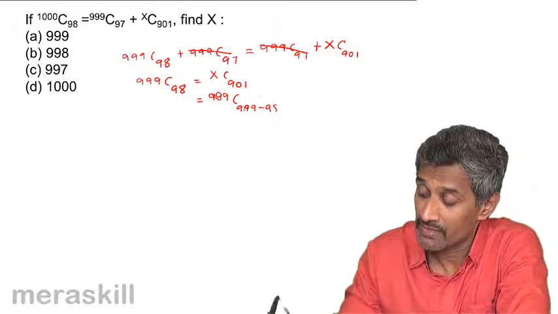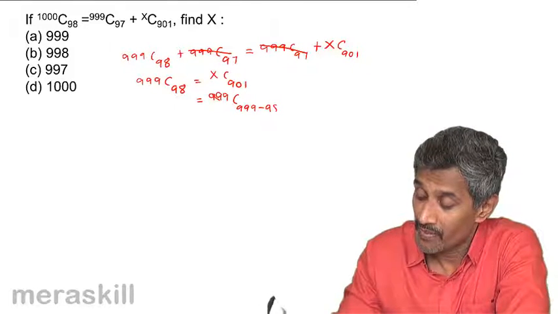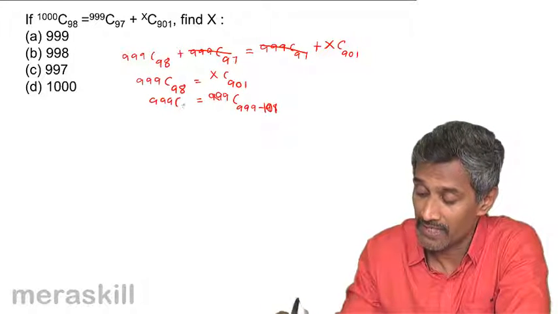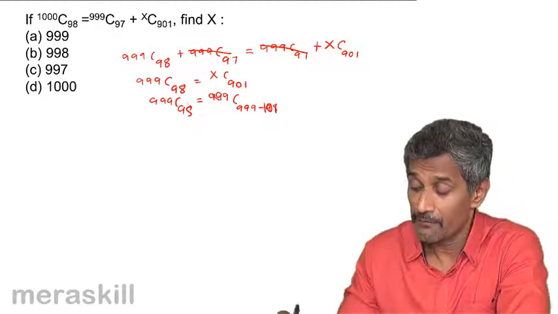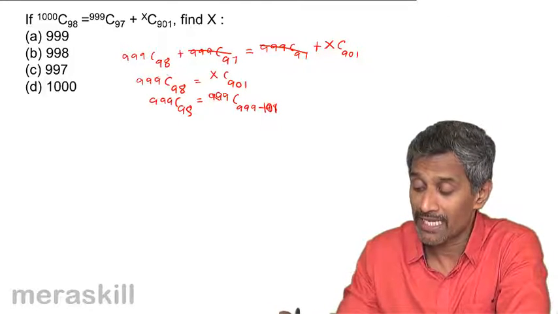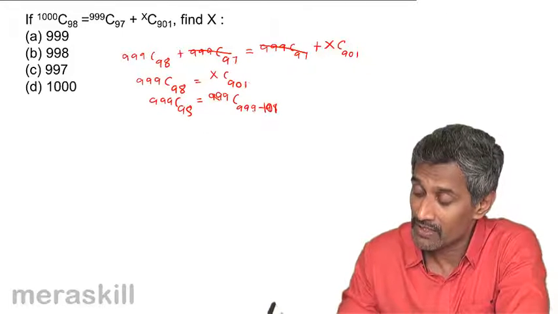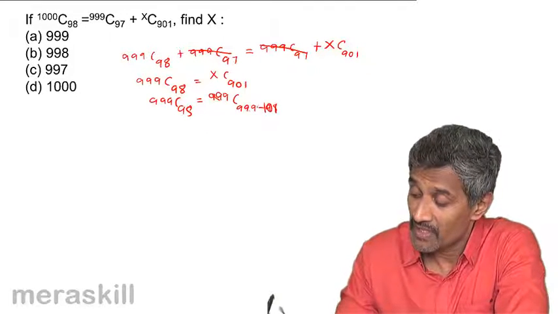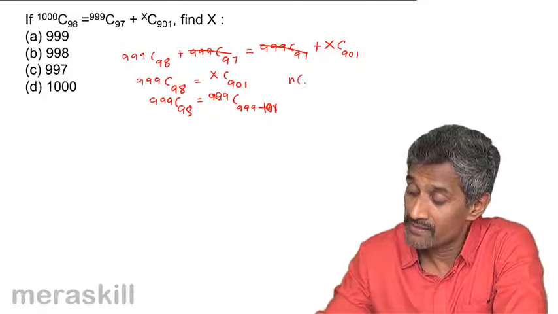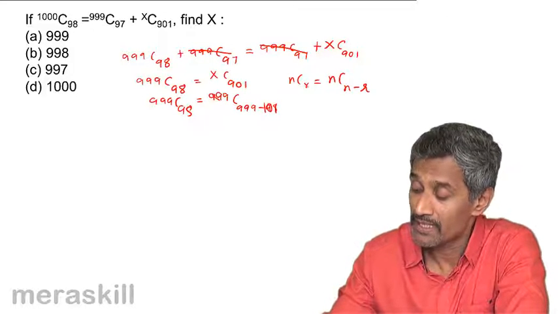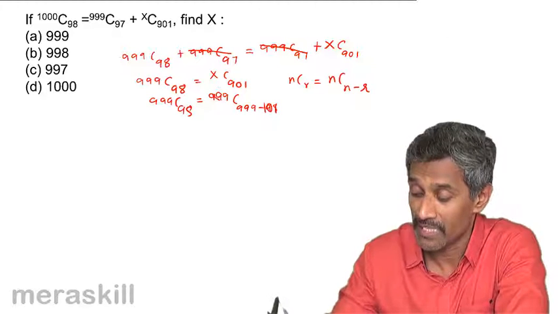So 901 can be written as 999 minus 98, and this 999 on the left hand side remains as it is. Now it's quite clear that the X's have to be equal. In that case, we are using the rule NCR is equal to NC N minus R. So R in this case is 901, N is 999.